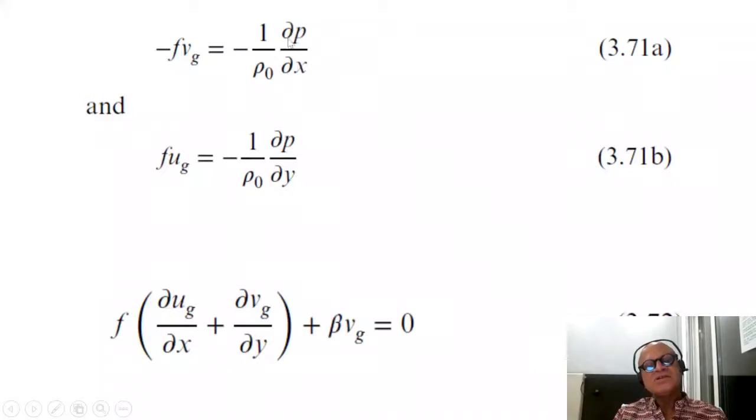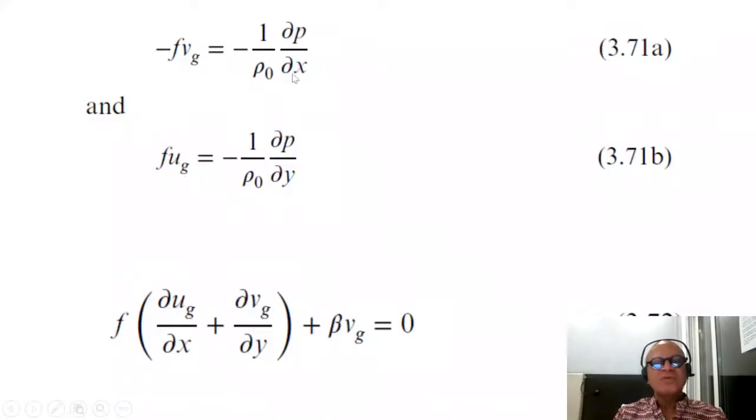A zonal pressure gradient is going to give you a meridional geostrophic current, and a meridional pressure gradient is going to give you a zonal geostrophic current, right? You can differentiate this with respect to y and this with respect to x, and add them.